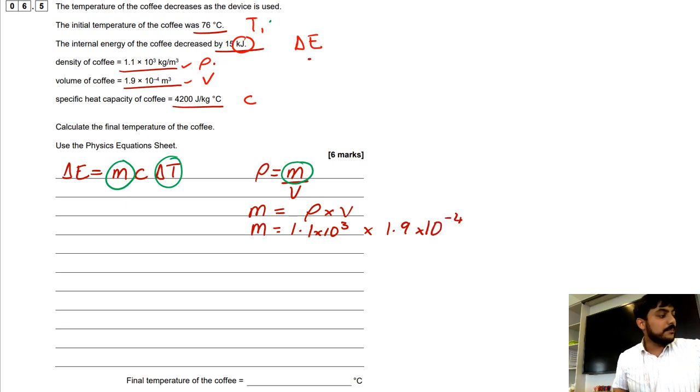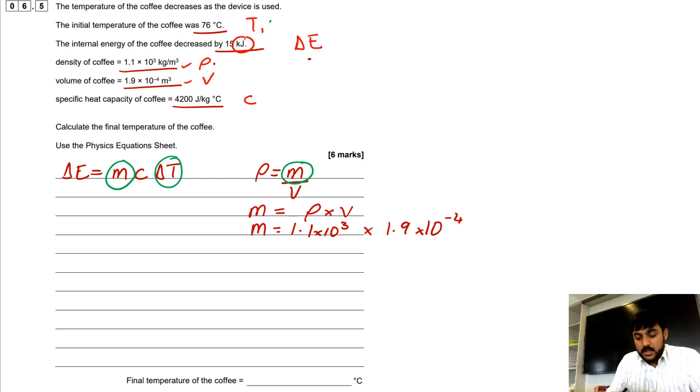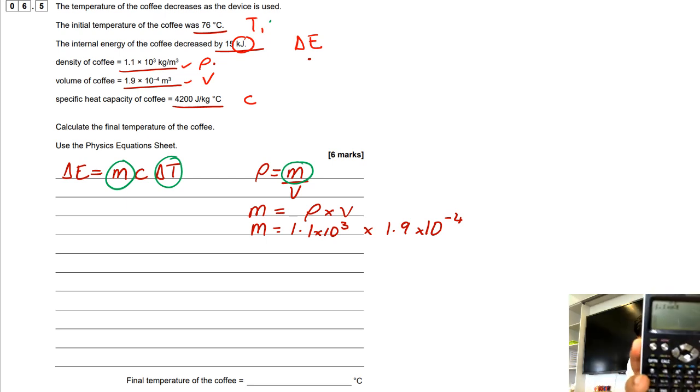I just need to find my calculator from previous questions. Got it? 1.1 times 10 to the 3. You can see that I can put it in exactly like that into the calculator.